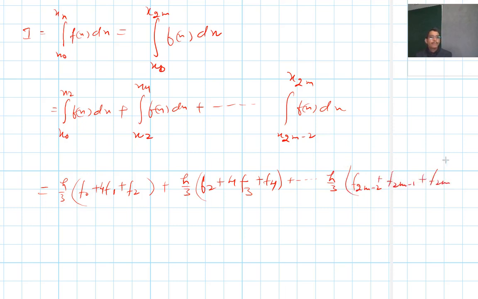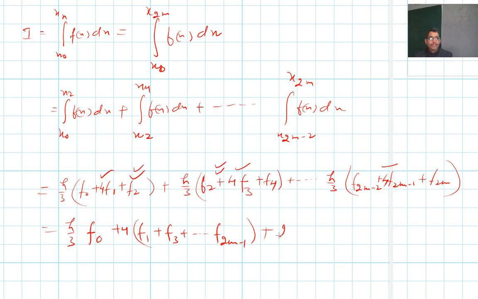and this can be written with h by 3 taken out. These odd terms are occurring 4 times, so it can be written as: this will remain as it is, plus 4 (f1 plus f3 and so on up to f(2m−1)), and the even terms f2, f4 and so on are occurring 2 times, that means twice (f2 plus f4 and so on), and the last one will remain, occurring only 1 time.